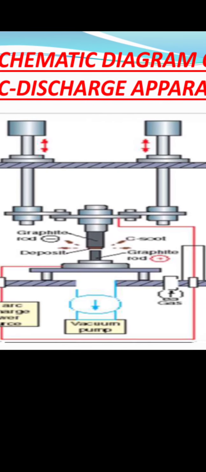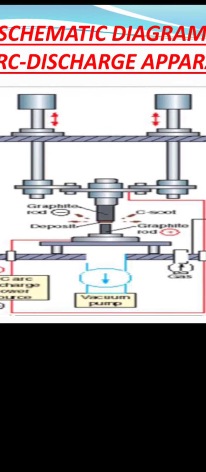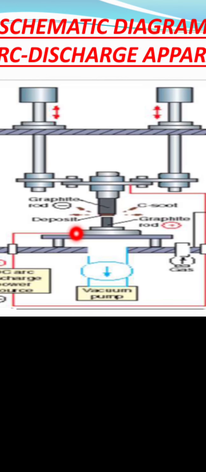Here we can see the red line, which represents the potential difference applied to the two electrodes, anode and cathode. The bottom side is the anode and the top side is the cathode.